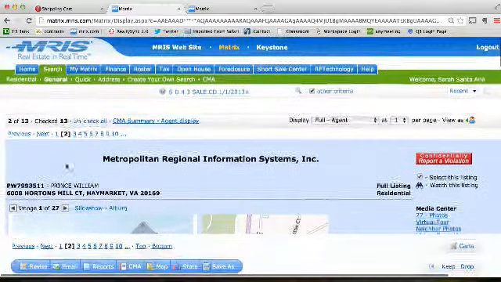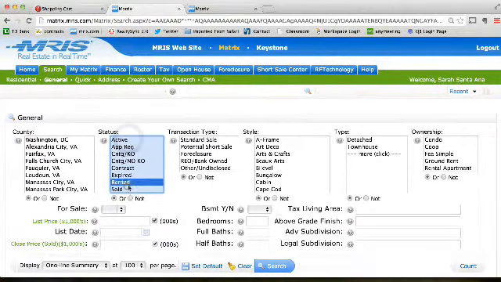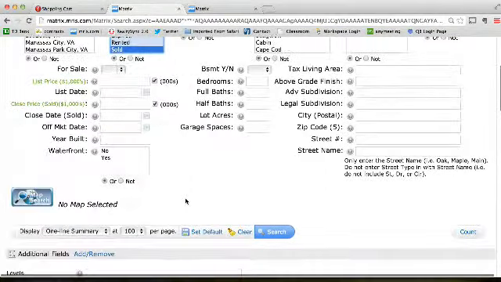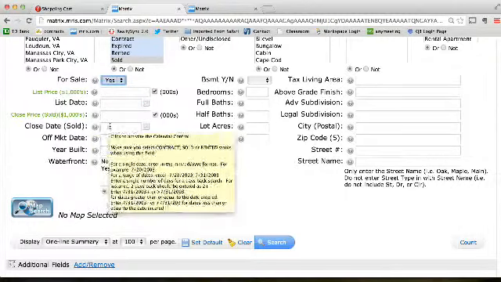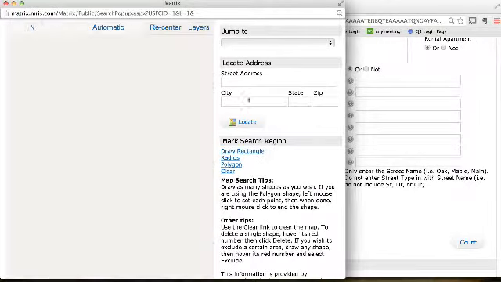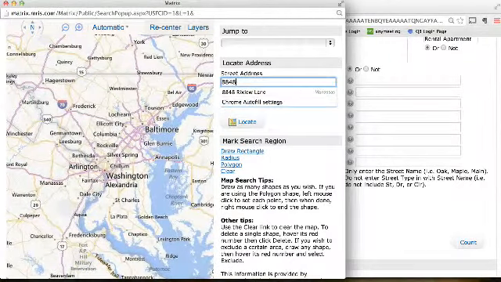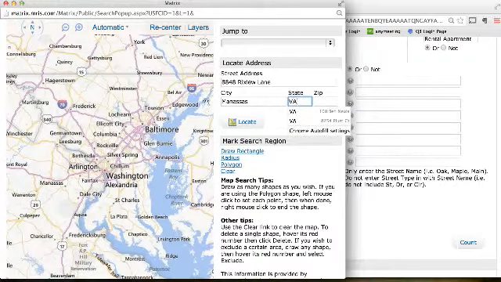Now, here's another way to do it. Let's go back, because sometimes people will say, look, I cannot find properties that are similar because there is no neighborhood, or for some reason. Let's go ahead and put close date 01, and let's not go by, and remember to plus mark, let's go by a map search. 8848 Rixlew Lane, Manassas, VA.